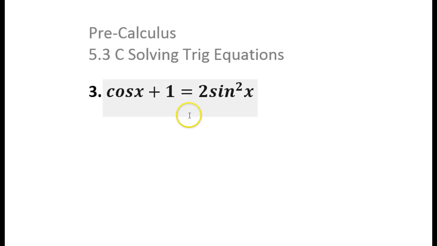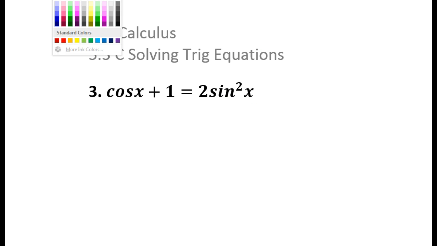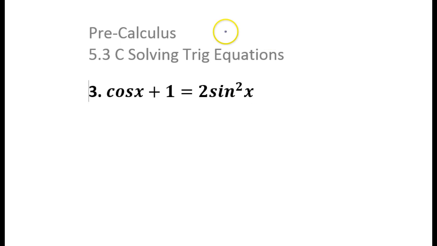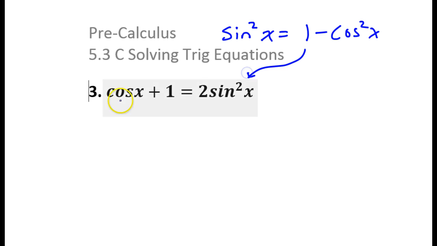Okay, again we have this combination of cosine and sine, so we don't want that. Again, let's use the fact that sine squared x is equal to 1 minus cosine squared x, and make that substitution.